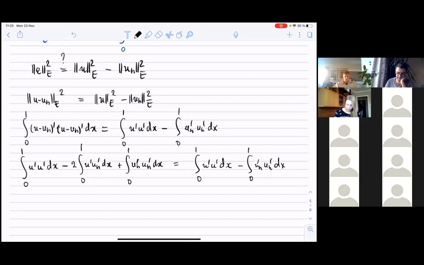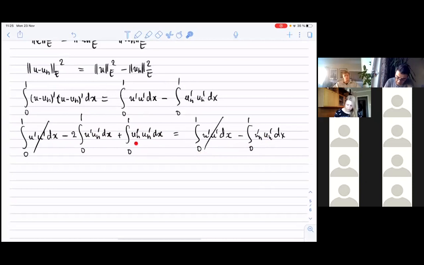Now if you compare the left-hand side and the right-hand side, you see that the first integrals cancel out, as they have the same sign. Then we move the second integral from the right-hand side to the left, and we show that the resulting sum of the integrals is equal to 0.